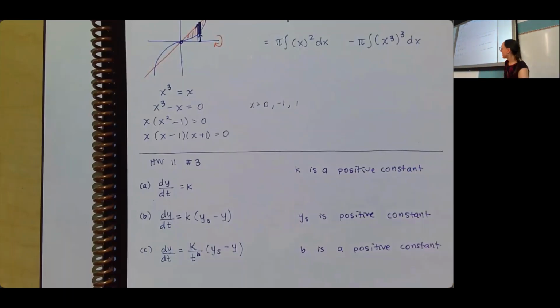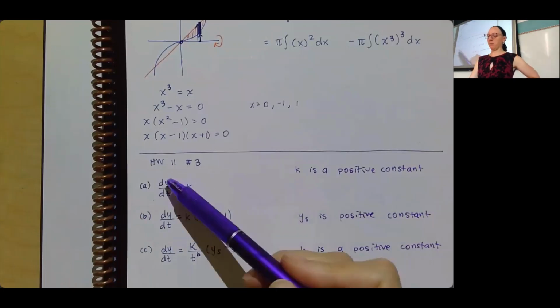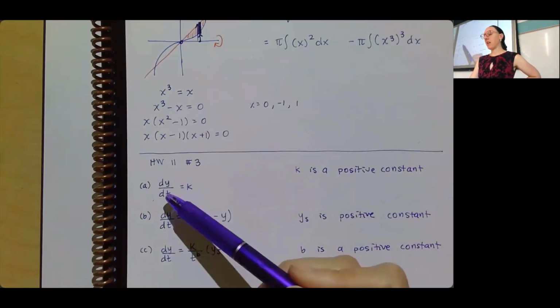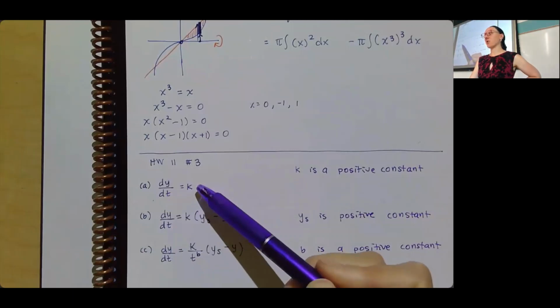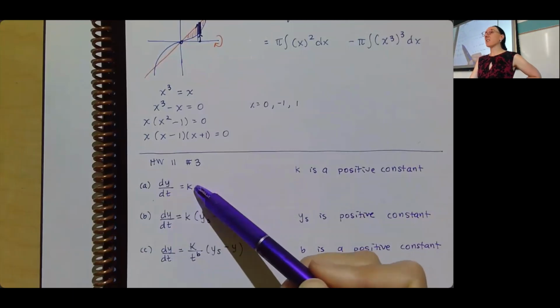So let's take a minute to classify these things. If I look at part A, the only variables that matter in determining whether it is autonomous or pure time is what's in the numerator and denominator of the derivative. My derivative numerator is y. My derivative denominator is t. There's no y, there's no t. This is just a constant. A is a little bit tricky because this is both autonomous and pure time.